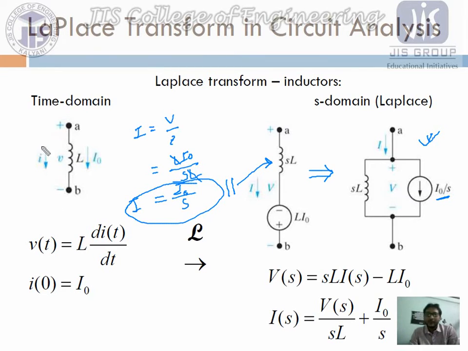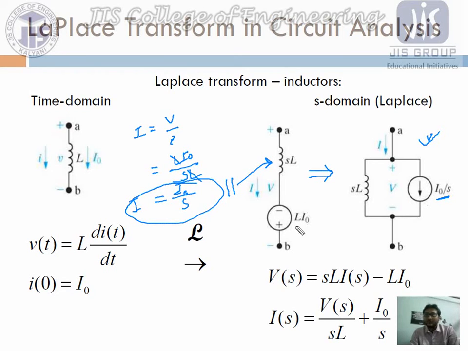It means whenever there is any inductor present in your circuit, and you are going for the Laplace transformation, and the initial current is present, meaning some charge is initially stored there, then to consider this initial condition you have to consider the inductor either in series with a voltage source or in parallel with a current source.